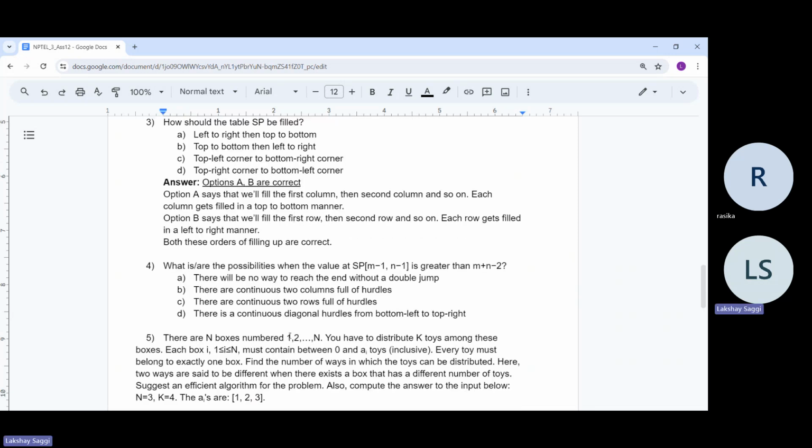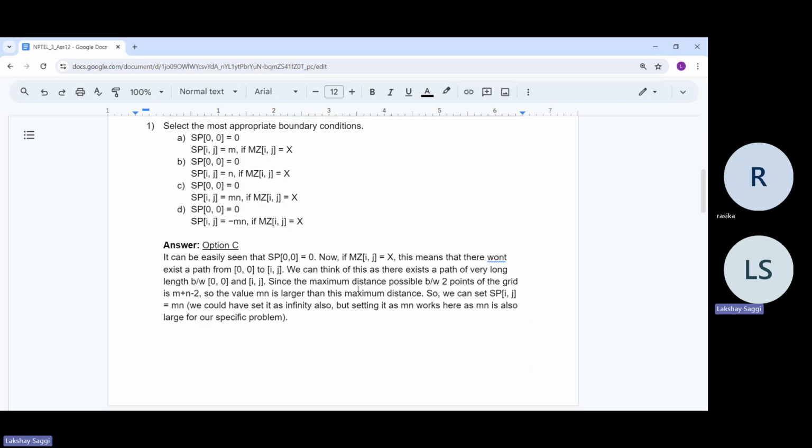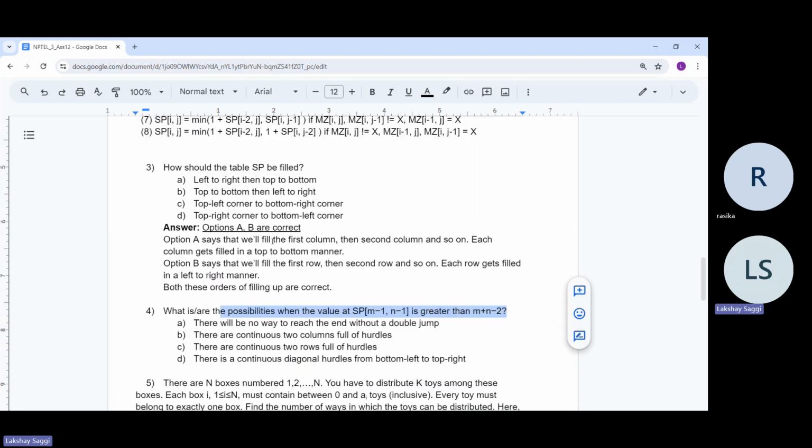Okay. So the fourth question says, what are the possibilities when the value at SP m minus 1 comma n minus 1 is greater than m plus n minus 2? So we know that the maximum number of jumps, if we go from 0, 0 to m comma n, can be m plus n minus 2 only, since there are just m plus n minus 2 rights and downs.